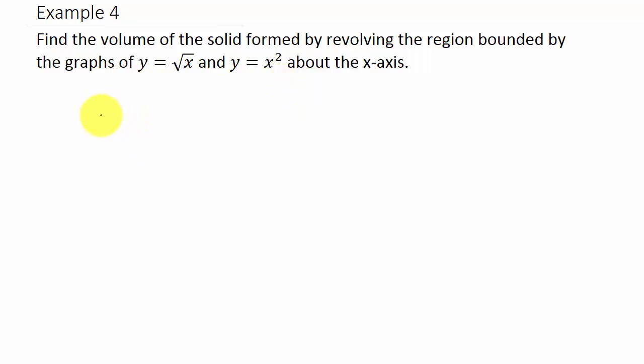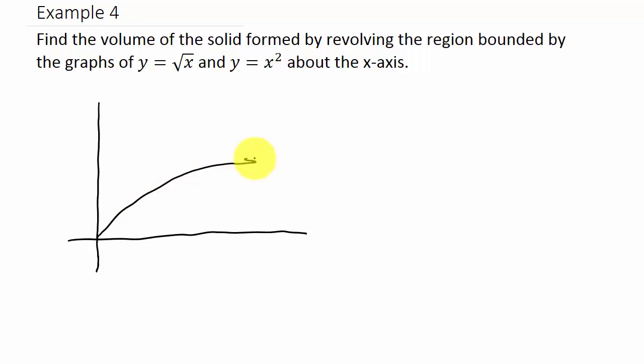Alright, so let's go ahead and draw our graph. The square root of x looks something like this, and the graph of y equals x squared looks something like this.